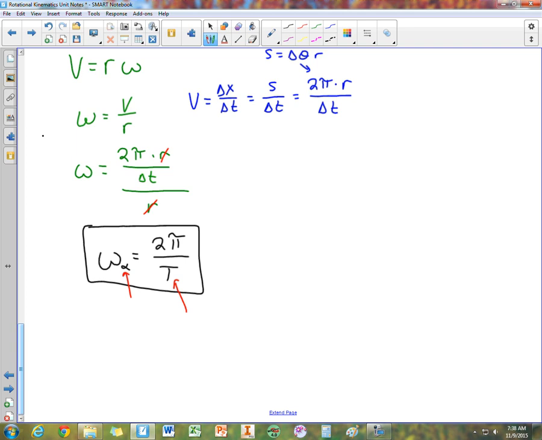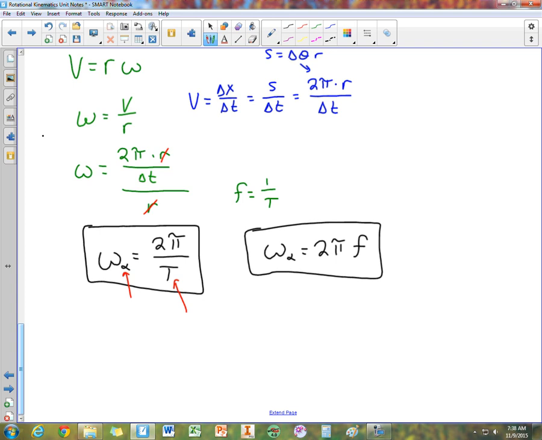It is different. This is the angular frequency. Remember that frequency is 1 divided by the period. So I can rewrite this angular frequency as such. I can say angular frequency equals 2 pi times f for the frequency as well.